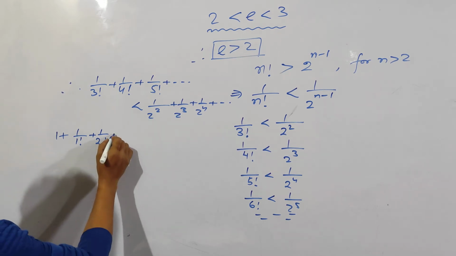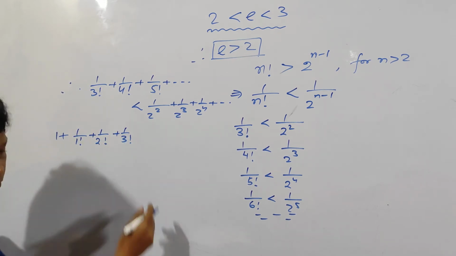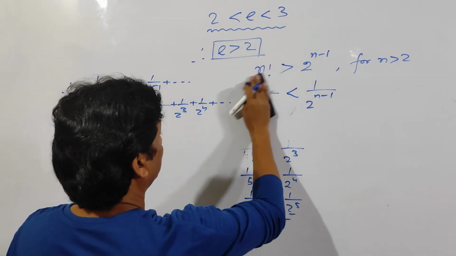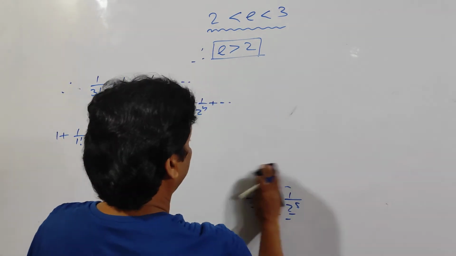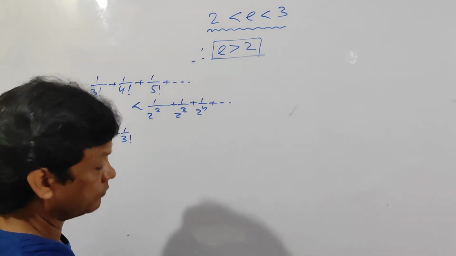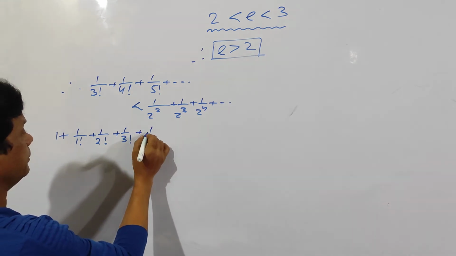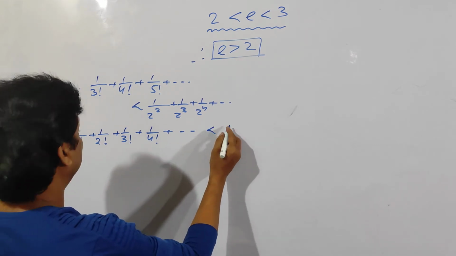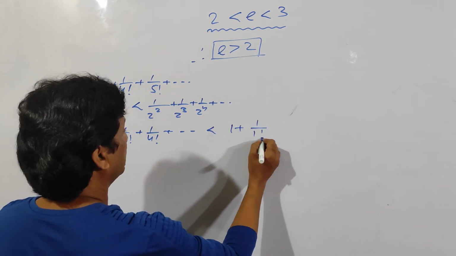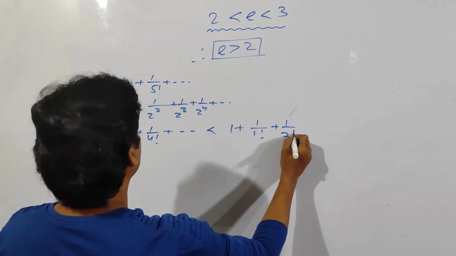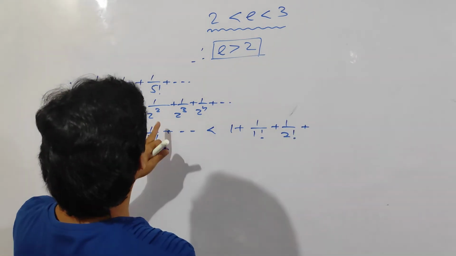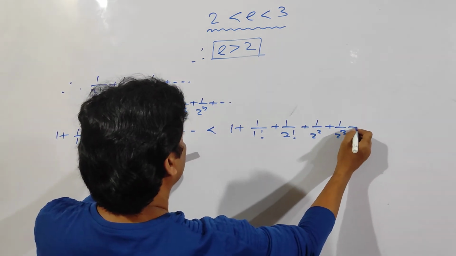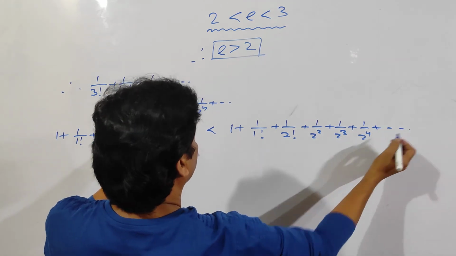So by adding this one, we will get 1 by factorial 3 plus 1 by factorial 4 plus so on, less than 1 plus 1 by 1 factorial plus 1 by 2 factorial plus this one, 1 by 2 square plus 1 by 2 cube plus 1 by 2 to the 4 plus so on.